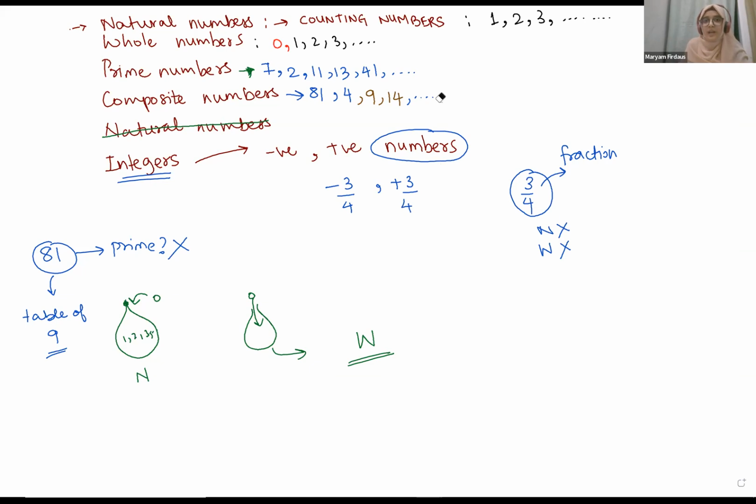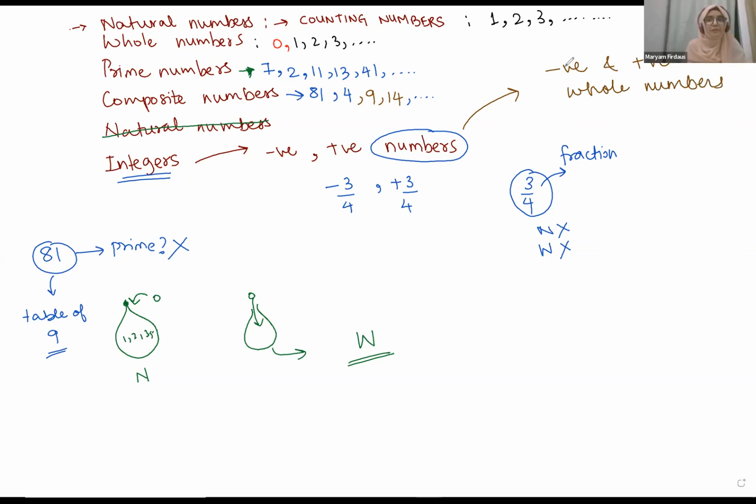But why are they not integers? Because the definition of integers goes like this: integers are negative and positive whole numbers.